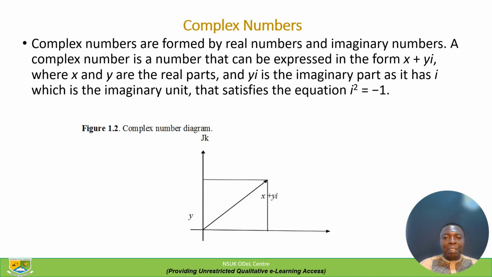That satisfies the equation i to the power of 2 is equal to minus 1. So you can see the diagram here, the complex number diagram. If you check, you will see y and the x-axis. The arrow is pointing to where you have x plus yi.